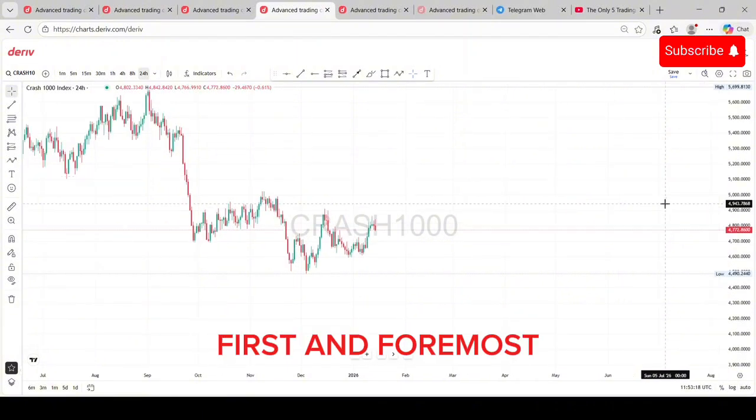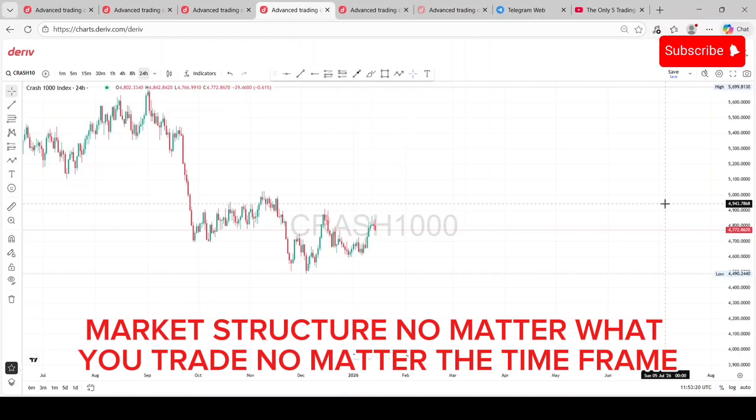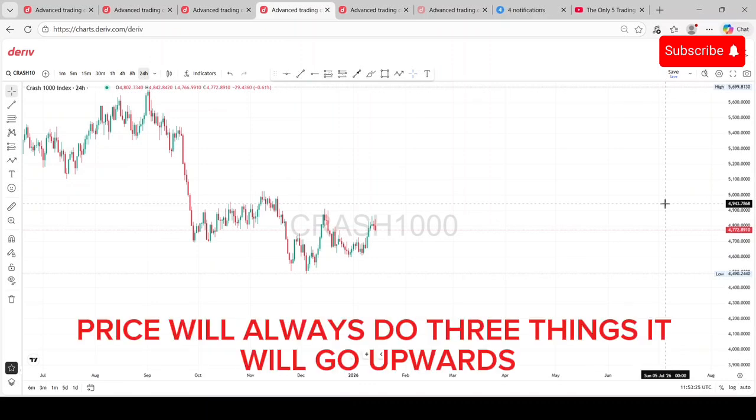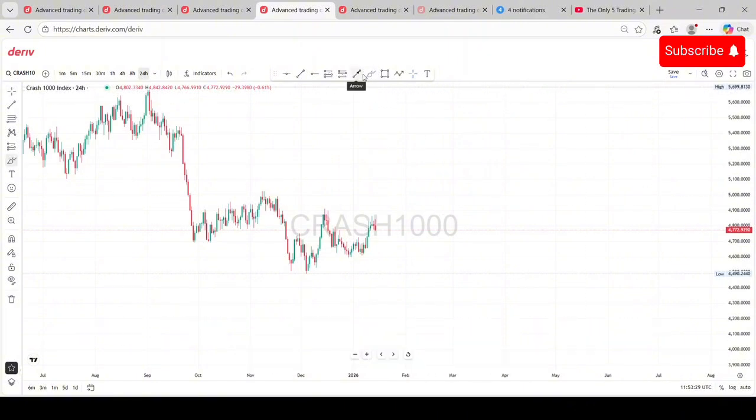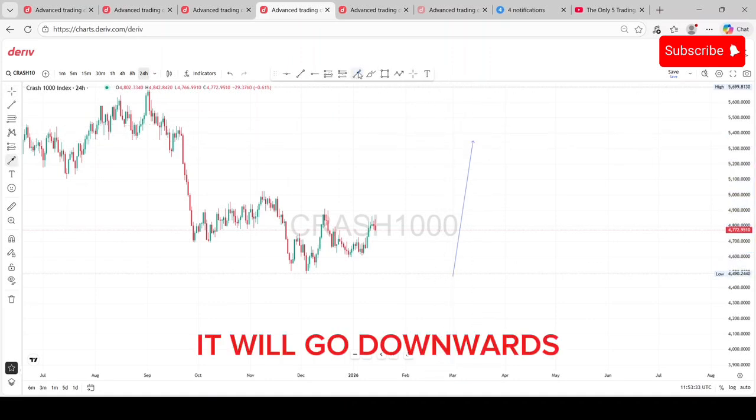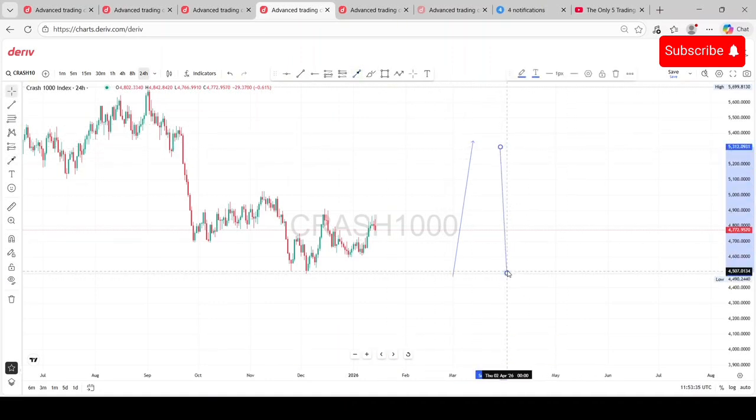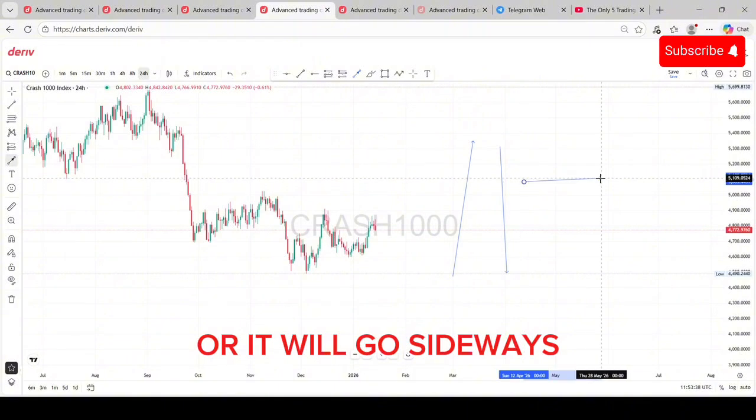First and foremost, market structure. No matter what you trade, no matter the time frame, price will always do 3 things. It will go upwards, it will go downwards, or it will go sideways.